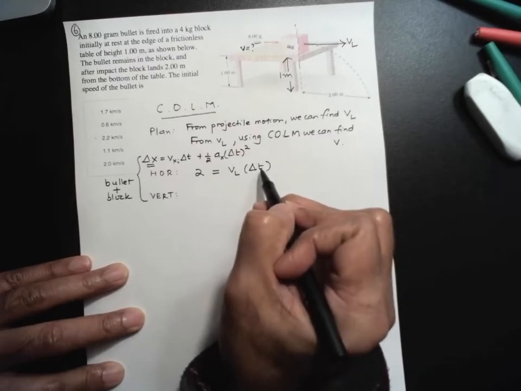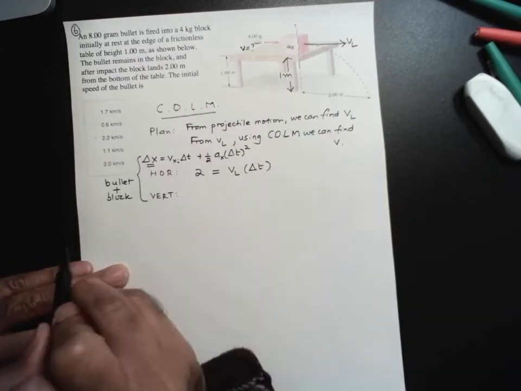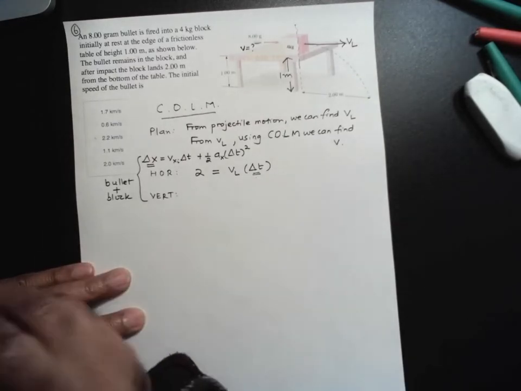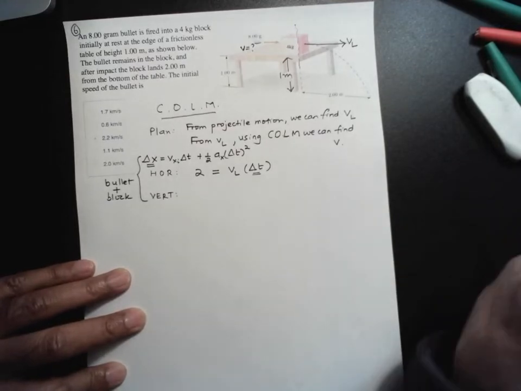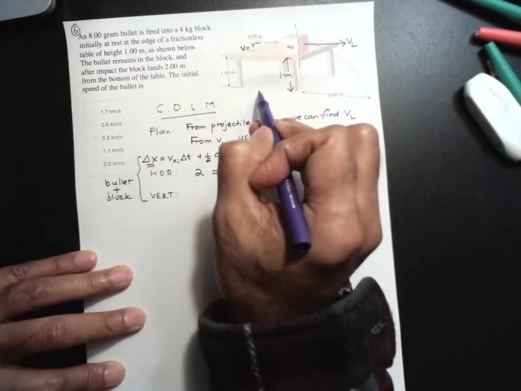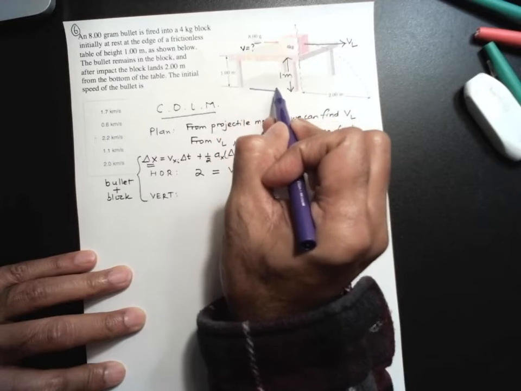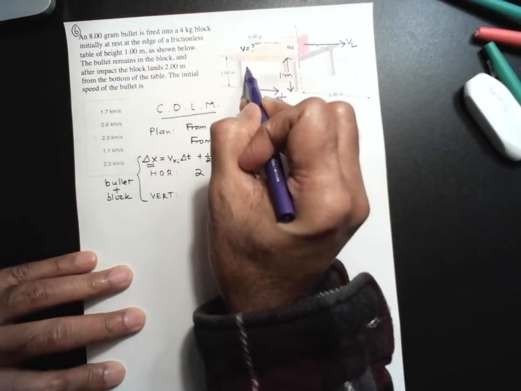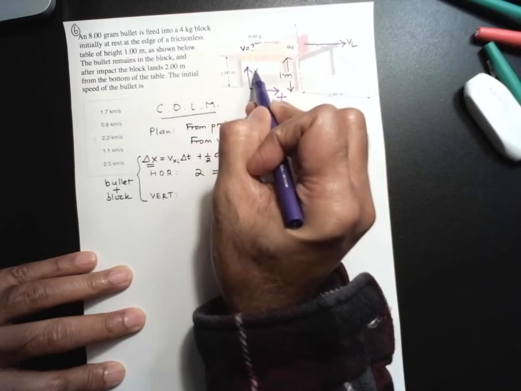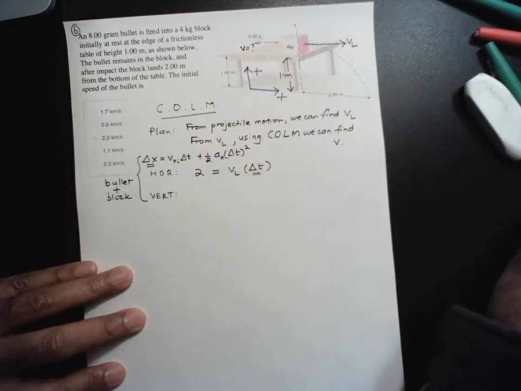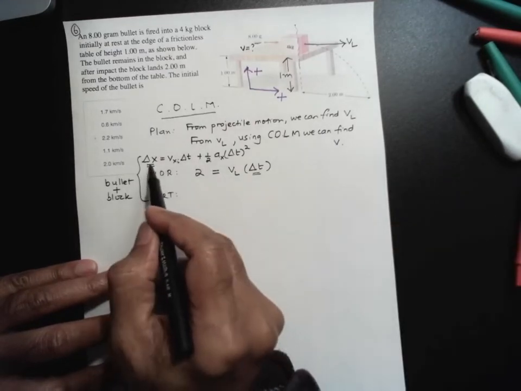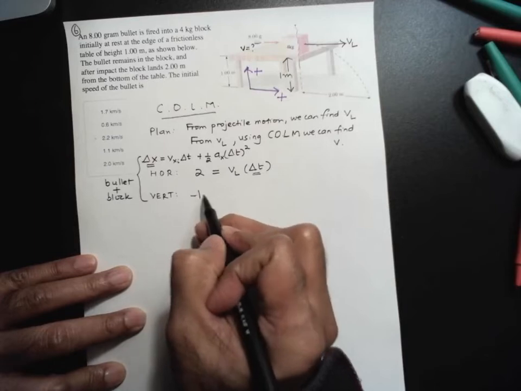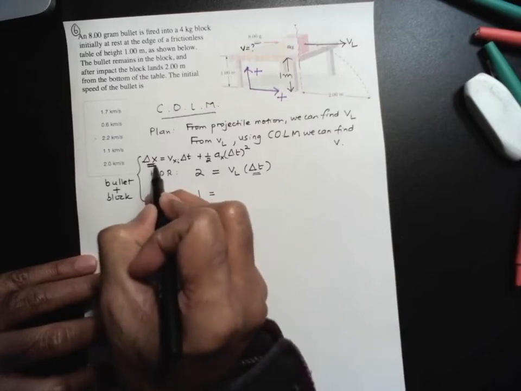I don't know delta t, but I will find it from the vertical motion, and once I know delta t, I will know the launch velocity. So what about the vertical? Like I was saying, always indicate your positive directions. So positive x, and up is positive. In the vertical direction, I fell by 1 meter, so delta y is -1.